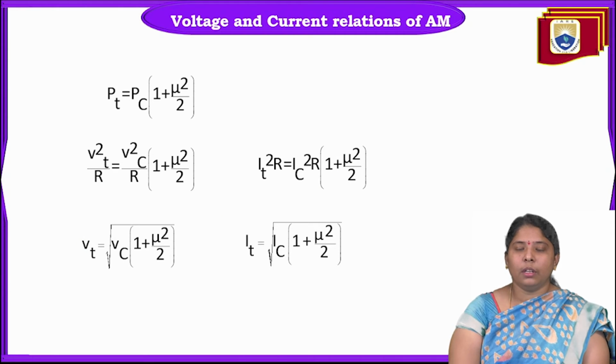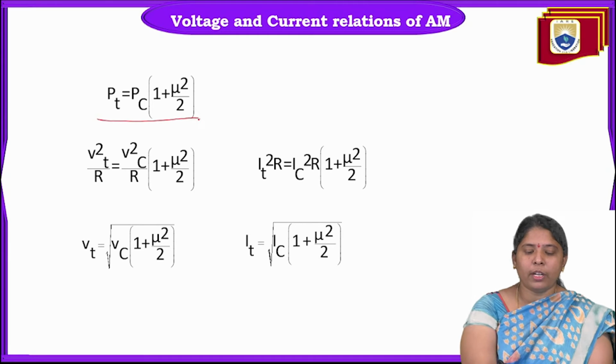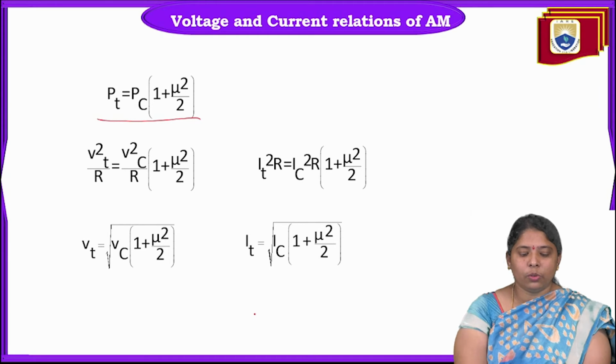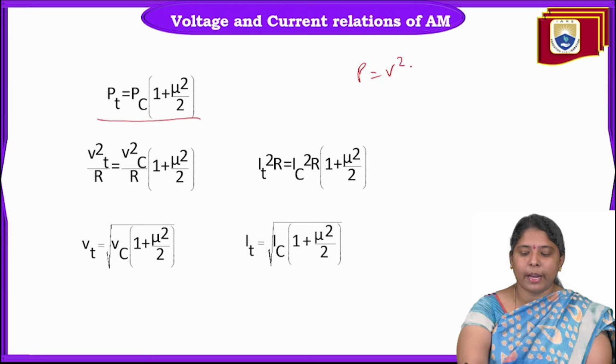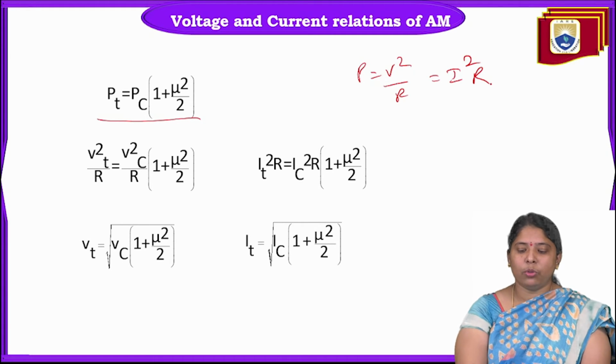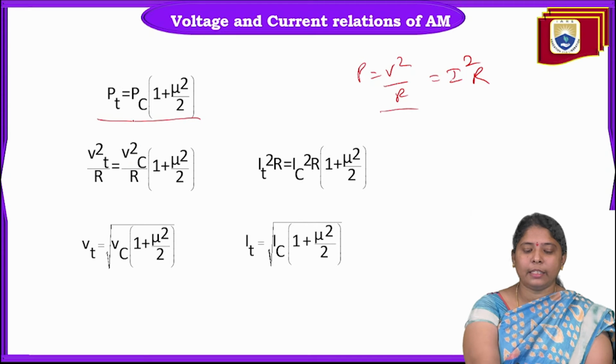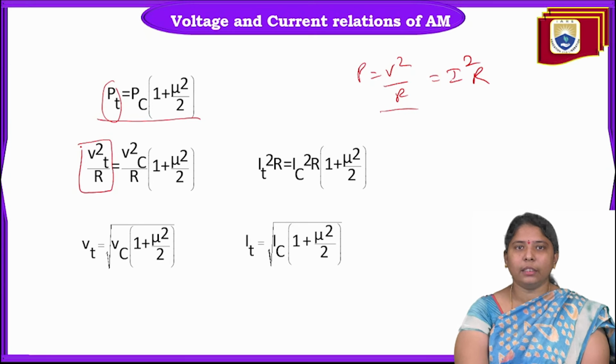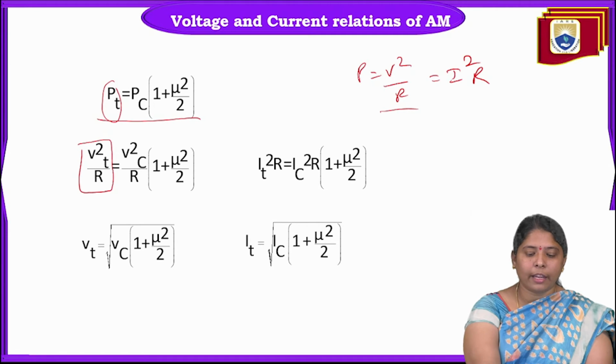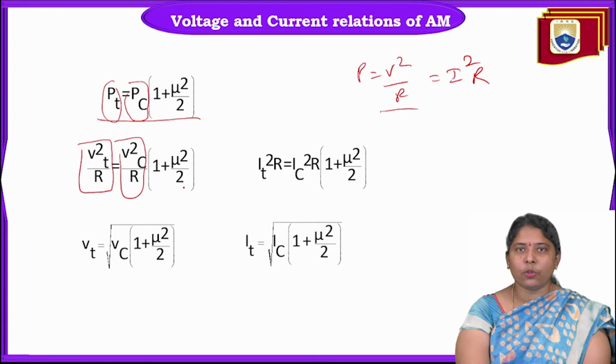Now, what are the voltage and current relations of an AM wave? From the power relations, we can get the expressions for the voltage and current relations of an AM wave. As we know, power equals V square by R, which equals I square into R. Using the two formulas, we can replace PT as Vt square by R, and carrier power as Vc square by R into 1 plus mu square by 2.